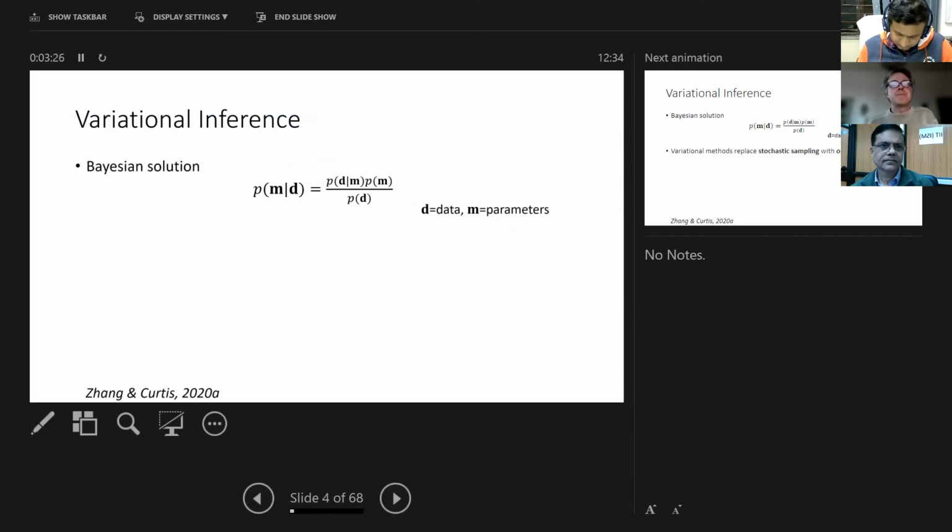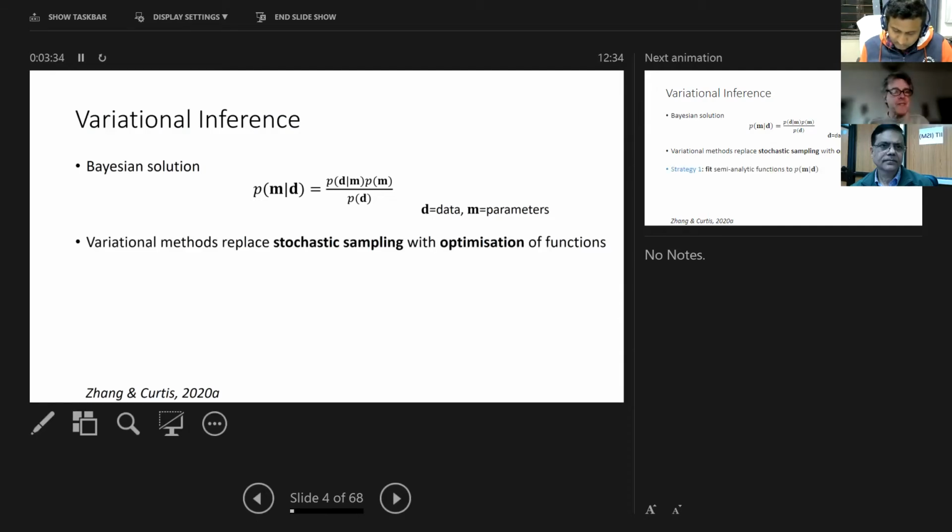We're trying to find an estimate of the posterior distribution still. To find this estimate of the posterior distribution, the left-hand one here, the probability of the model given the data, using optimization, we have to have a different strategy. There are two strategies we're going to see today.